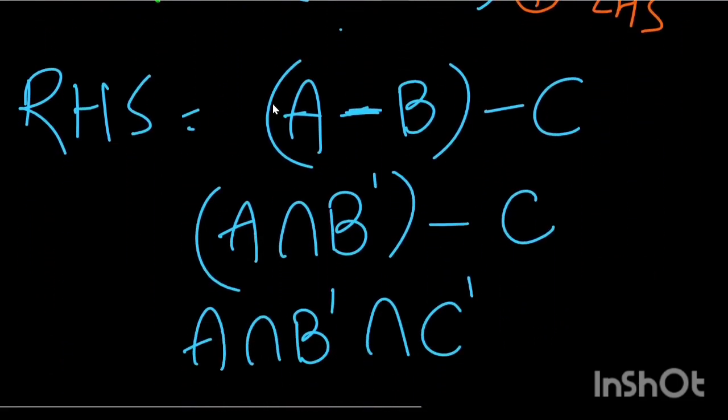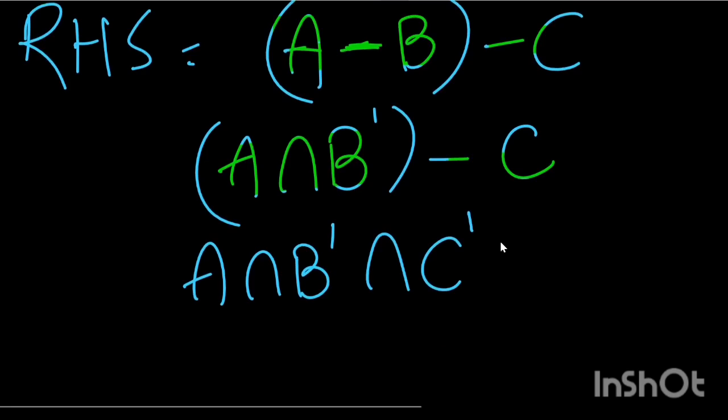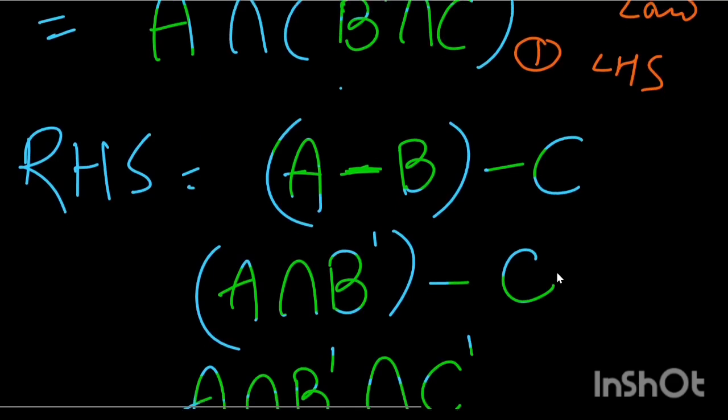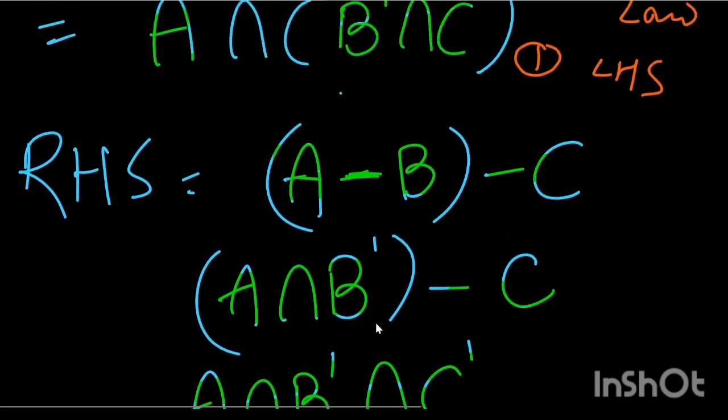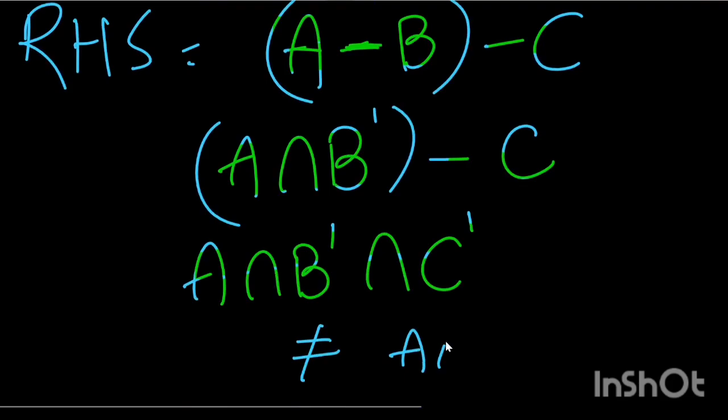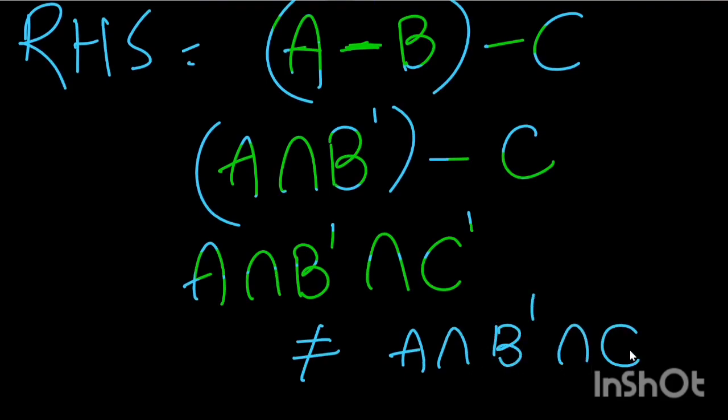Now the RHS is (A minus B) minus C. Again, A minus B from the definition can be written as A intersection B dash, minus C as it is. Now from the definition, this can be written as A intersection B dash intersection C dash. Now if you compare the LHS and RHS, they are clearly not equal.